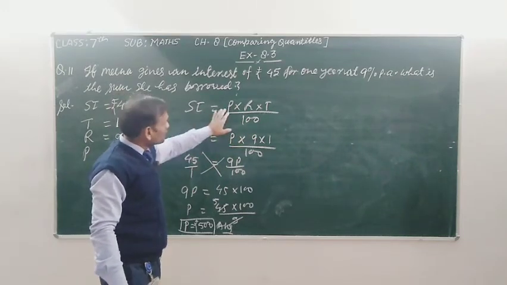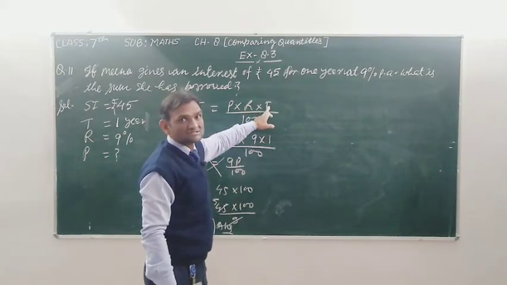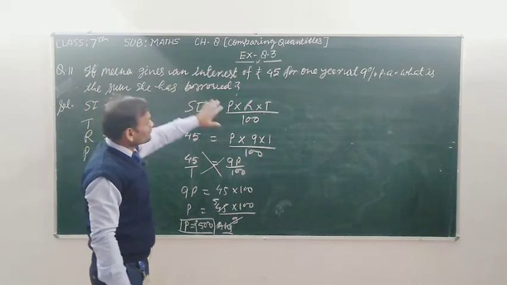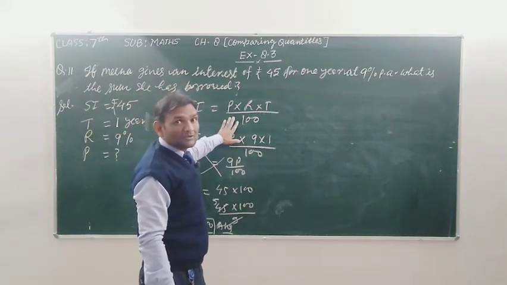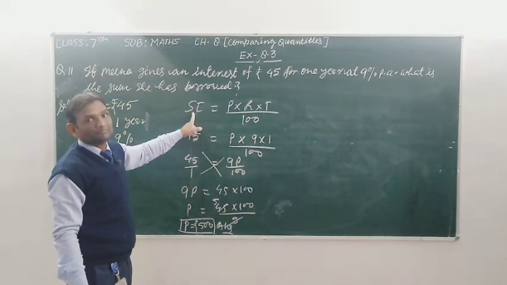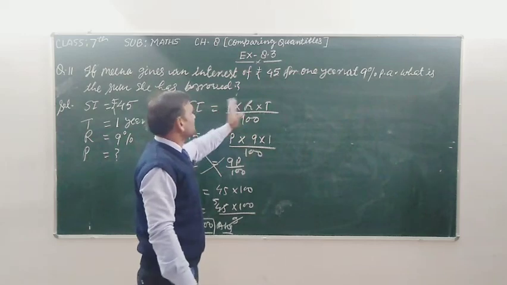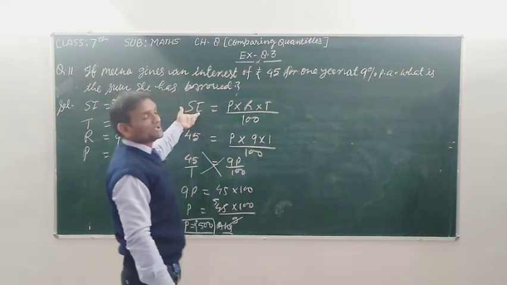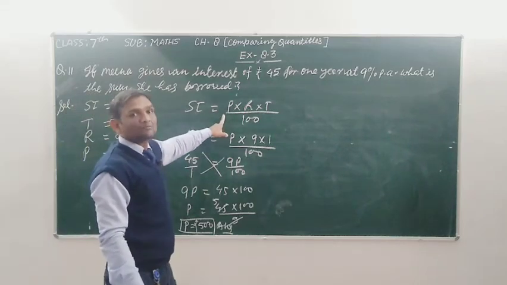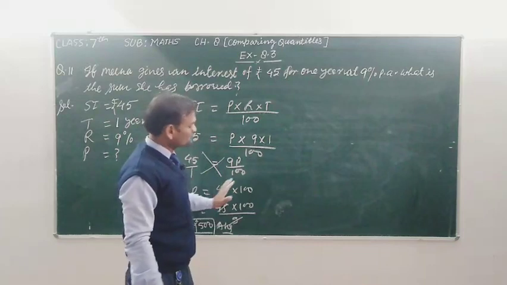In these 4 terms, 1, 2, 3 and 4, if 3 terms are given in the question and the other one is asked, we use the formula of SI. अगर इस 4 वैल्यू में से कोई भी 3 दिया है और अगर 1 पूछ रहा है मुझसे, तो मैं इस फार्मूला को यूज करके उस 4th टर्म को फाइंड आउट कर सकता हूं. So student, I hope you have understood this question very well.